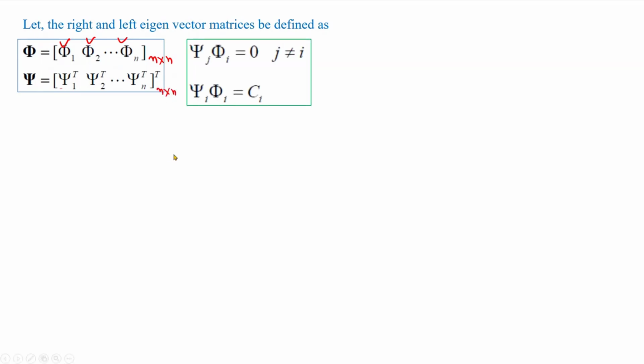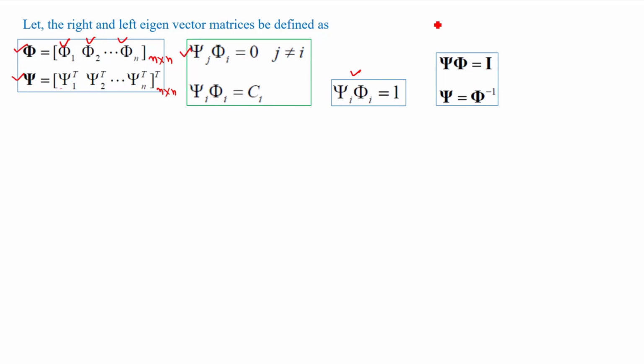We know this is valid because they are orthogonal. Psi j phi i equals 0 for j not equal to i, and psi i phi i equals Ci. In the normalized condition, psi i into phi i equals 1. So in the matrix form, if we multiply psi and phi together, that means psi into phi, it gives an identity matrix.